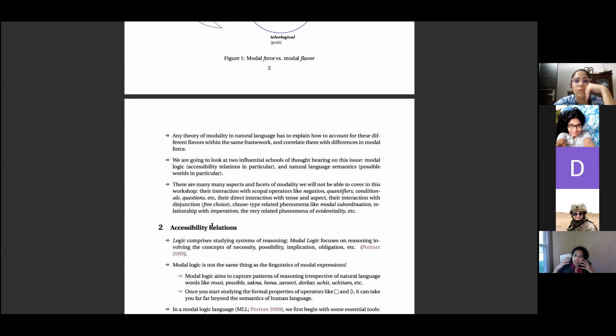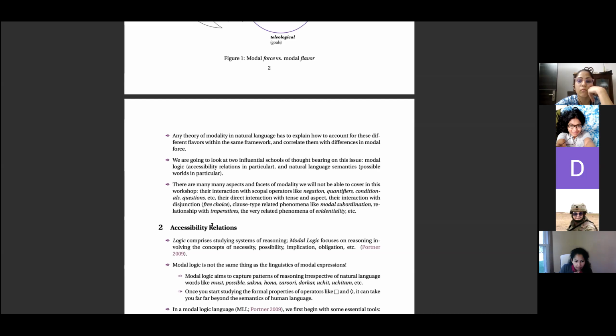Modal logic deals with the abstract concepts of implication, necessity, possibility, obligation, irrespective of natural language forms. This will take you far beyond natural language if you want to delve deep into reasoning systems. Modal semantics is what brings insights from modal logic into natural language semantics. So these are two different things.